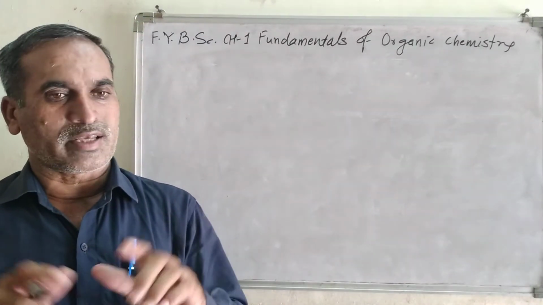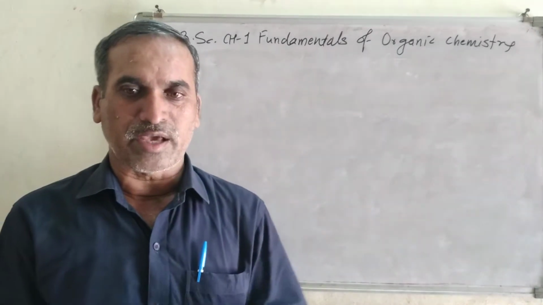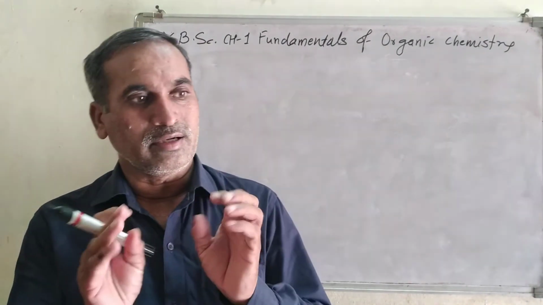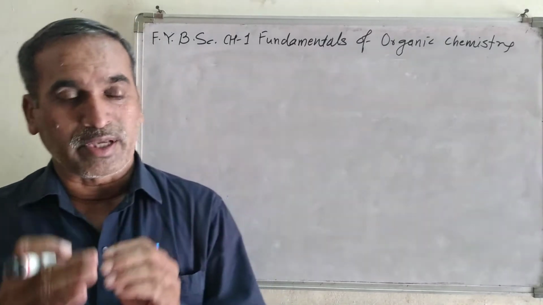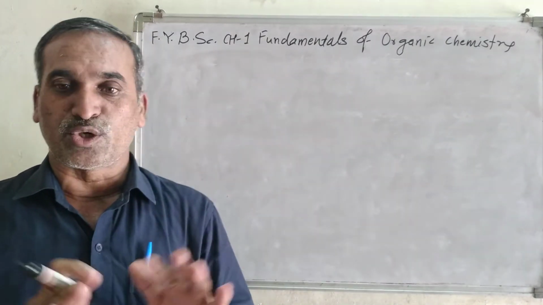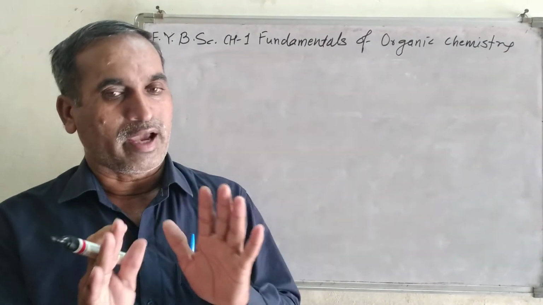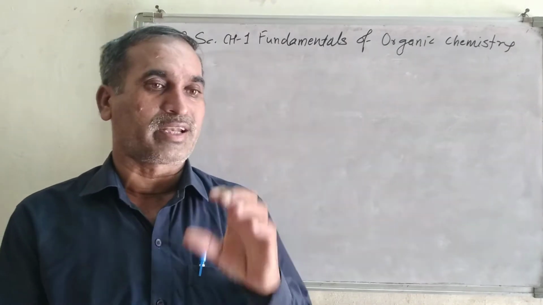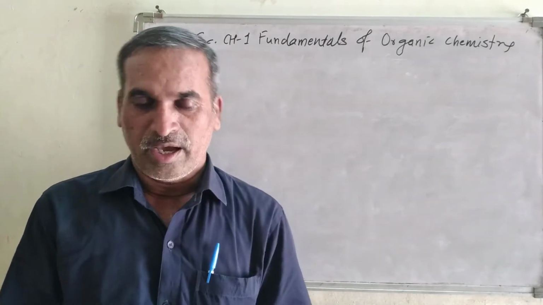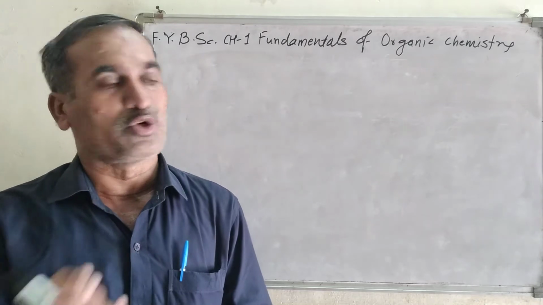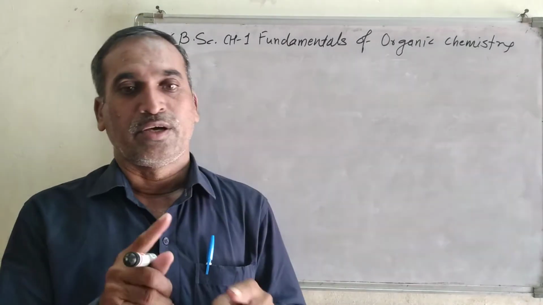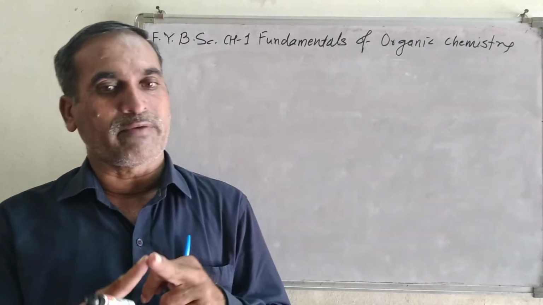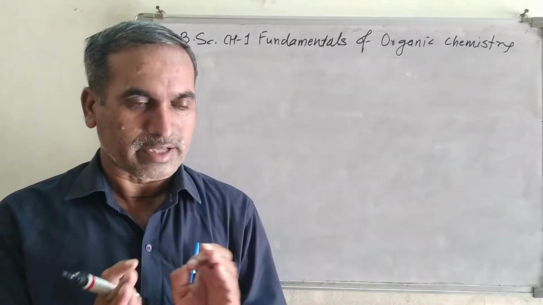As we know, the s orbital is spherical in shape and the p orbital is dumbbell in shape. The s orbital has no subshell, only one, and the p orbital has three subshells. The names of those three subshells are px, py and pz, right?